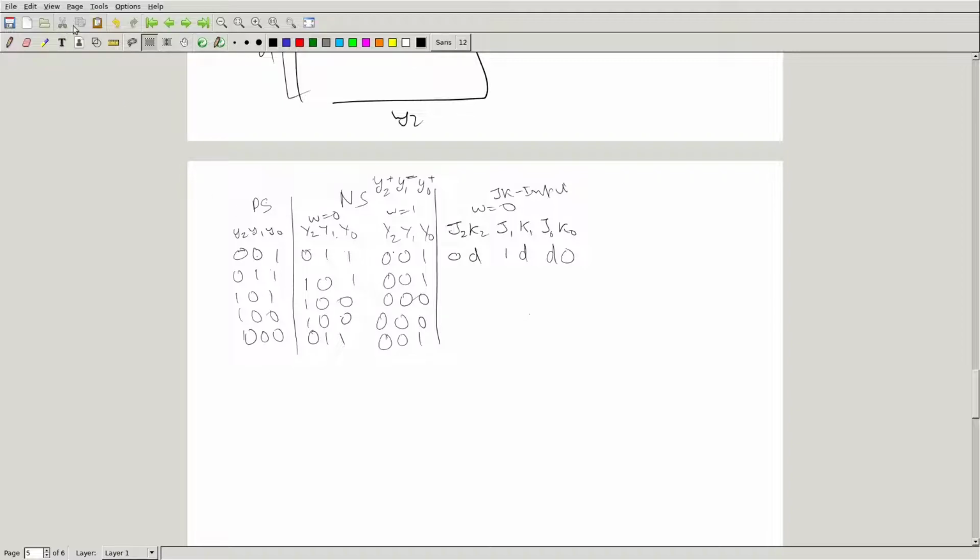And also we have this table with w equal to 0, w equal to 1, and we have 3 flip-flops that we want to design on.